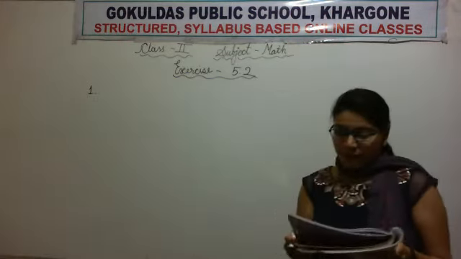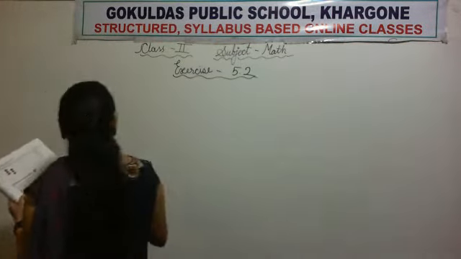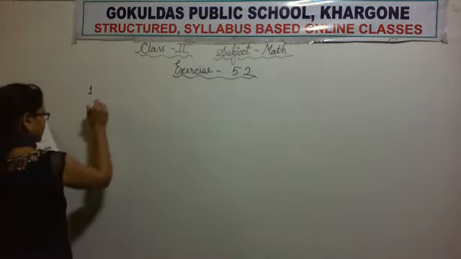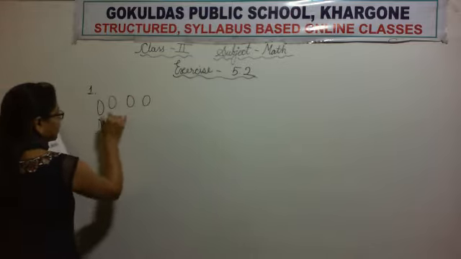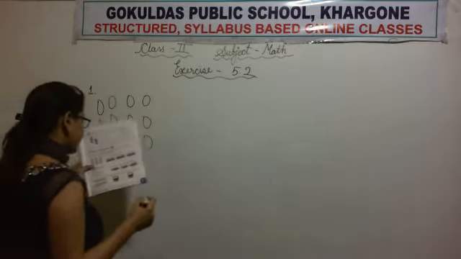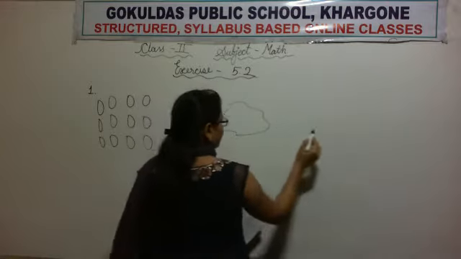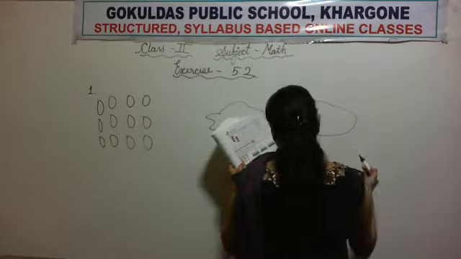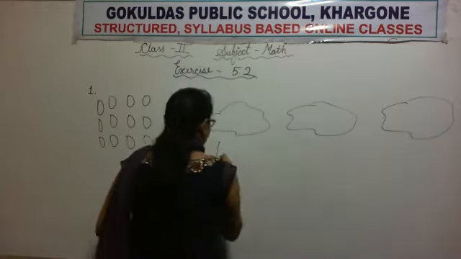Put an equal number of eggs in each nest. See, some eggs are given there, like this, and 3 nests are given.